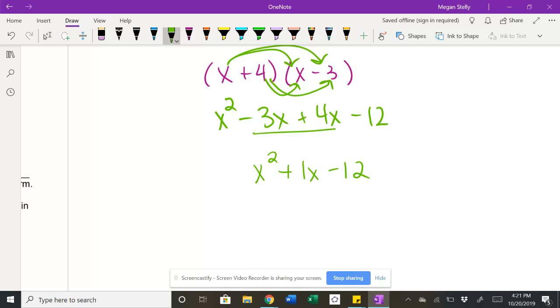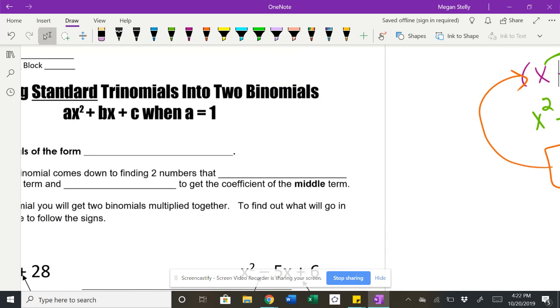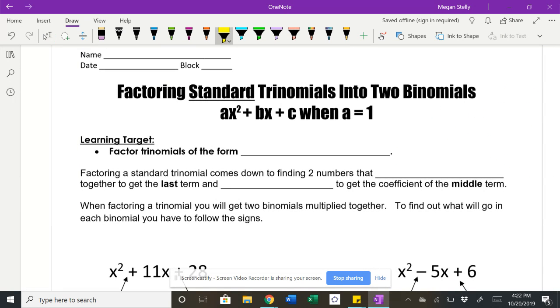What we're going to do today is start with the trinomial and work our way backwards to undo that distributing by factoring, so that our answer is now written as the two binomials. We are going to be working with the form ax squared plus bx plus c.